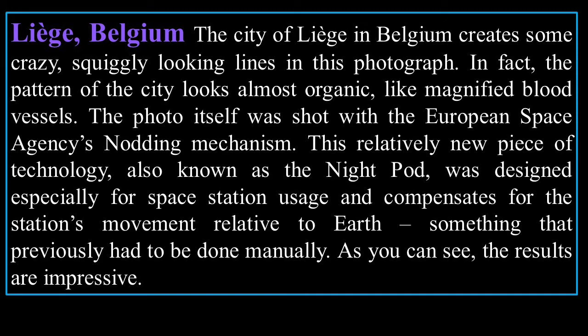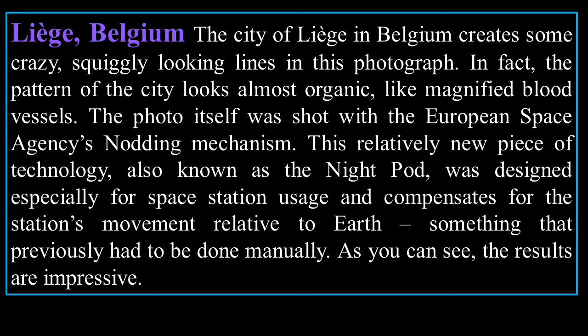This relatively new piece of technology, also known as the night pod, was designed especially for space station usage and compensates for the station's movement relative to Earth, something that previously had to be done manually. As you can see, the results are impressive.